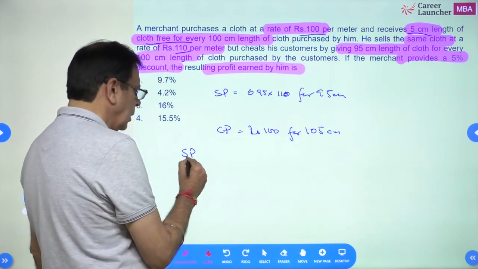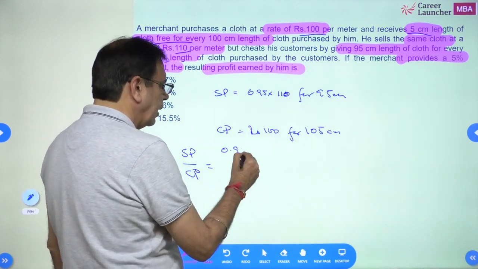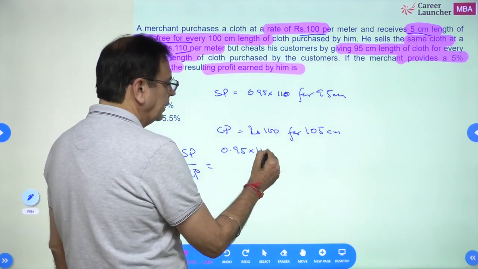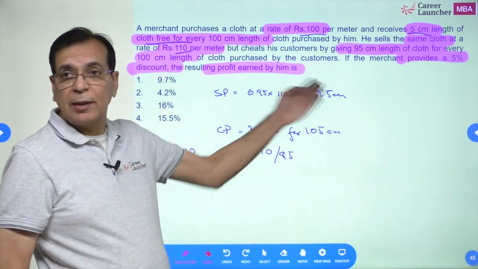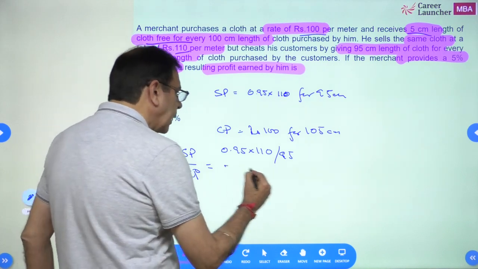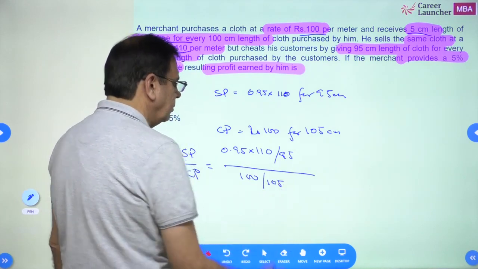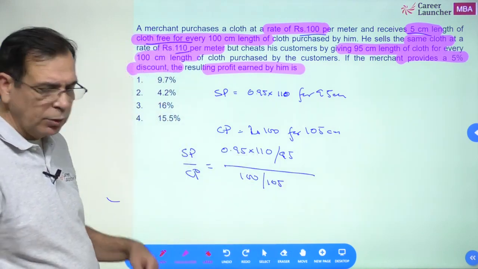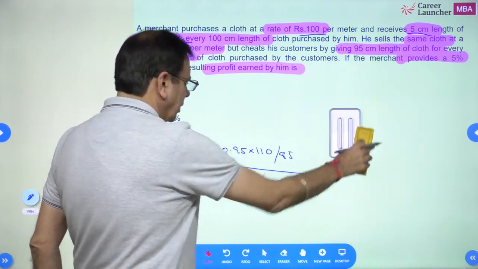So SP upon CP. What is this? SP is 0.95 of 110 for 95, so many rupees per centimeter. Cost price is 100 rupees for 105 centimeters. This is my SP upon CP. Okay, let's move ahead. Let's remove this, it is no longer needed.